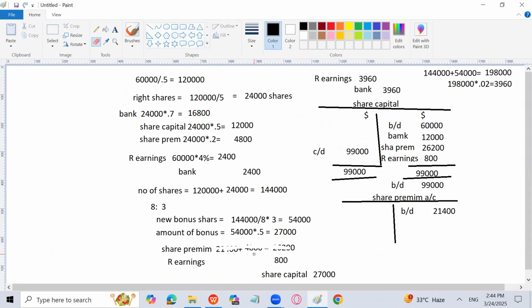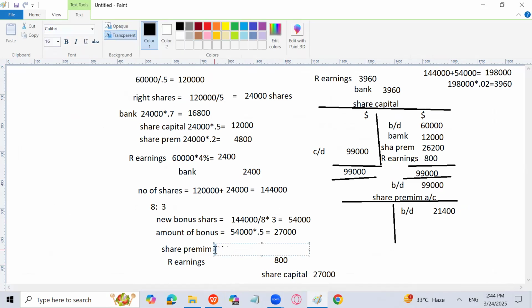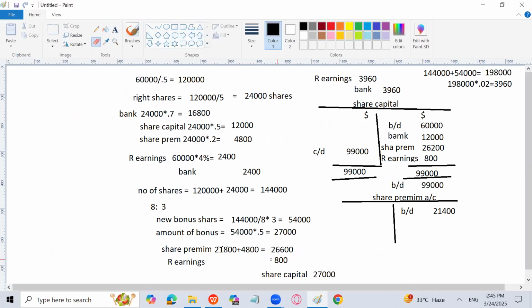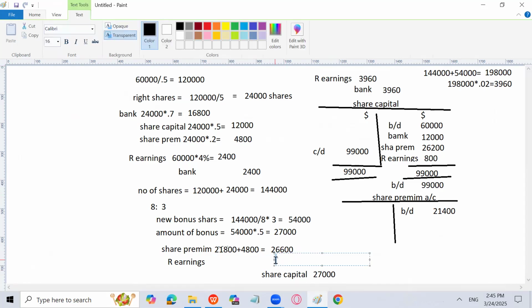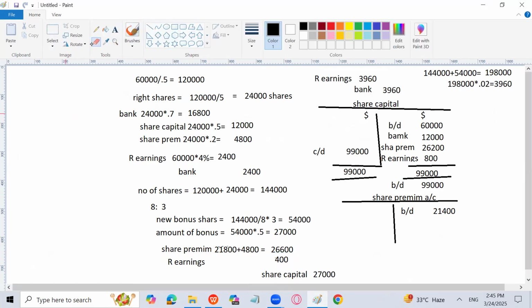Total amount will still remain the same, only the premium amount is going to be changed, because the amount available in the share premium was 21,800. So now 21,800 plus 4,800, how much will it come? 26,600. Now I will not take 800 from retained earnings, I will take only 400 from retained earnings. That is the only thing you need to change actually.